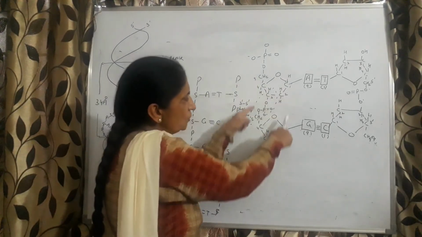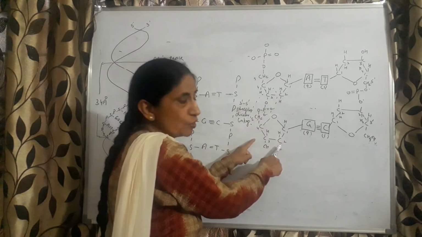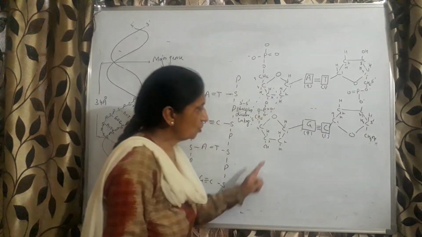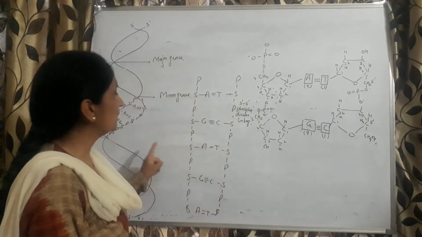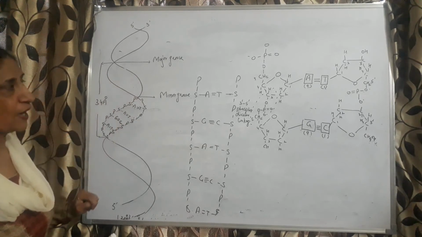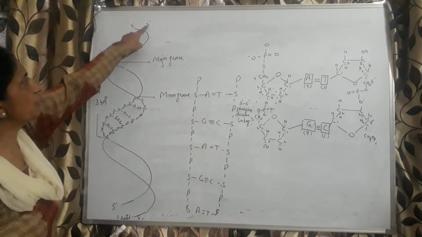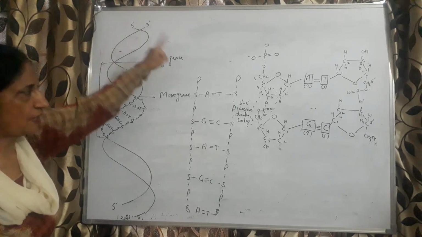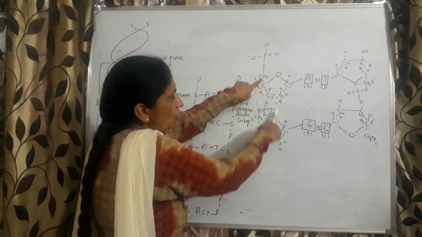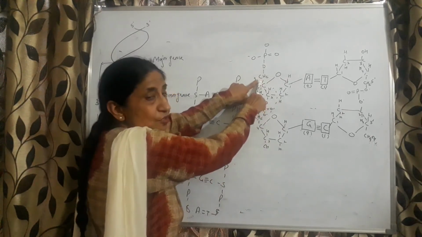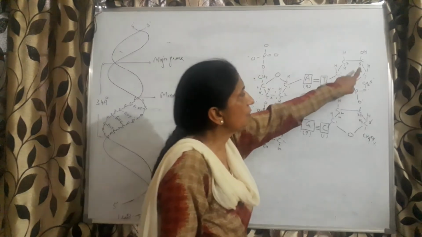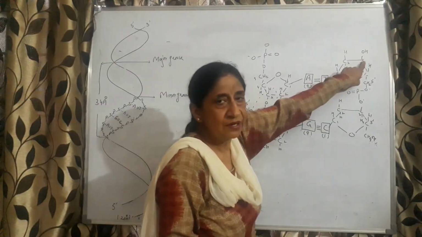Now at molecular level, this is part of one polynucleotide chain. This is part of the second polynucleotide chain. The concept which we have to clear over here is that both these strands run in anti-parallel direction, and we have written over here 3' and 5'. As I have told you, these are the positions of terminal carbons. If on one polynucleotide chain this is terminal carbon atom 5, then naturally at this position there is carbon number 3.